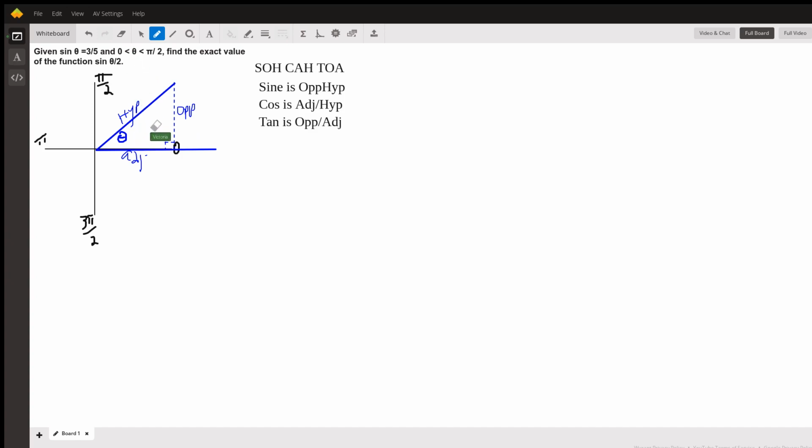So if the sine is opposite over hypotenuse, and we also know, because it's given right here, that it's 3 over 5, that means that the opposite side must have a length of 3, and the hypotenuse must have a length of 5.